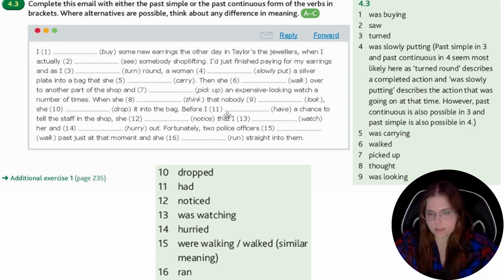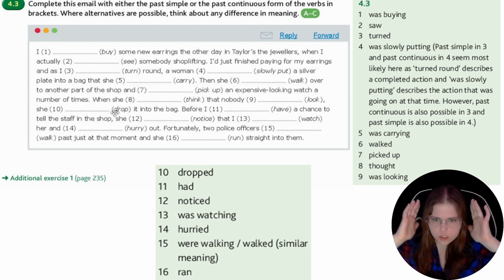Before I had a chance to tell the staff in the shop, she noticed that I was watching her and hurried out. Before I had a chance to tell the staff, I had a chance, a very quick action. We can't imagine this in progress like a long action. No, it's just I had a chance, or I didn't have a chance. She noticed. One more time, it is a very quick action. We can't say that she was noticing.